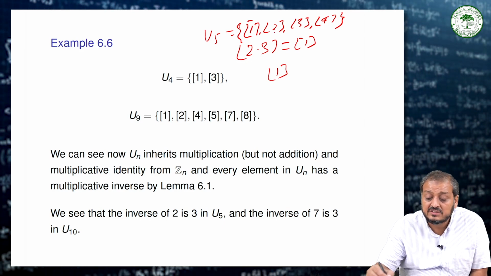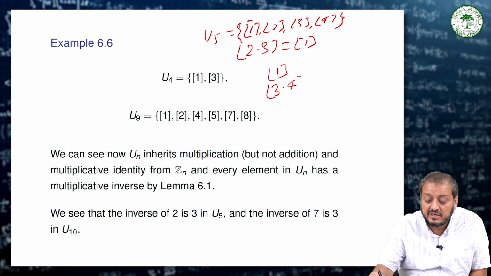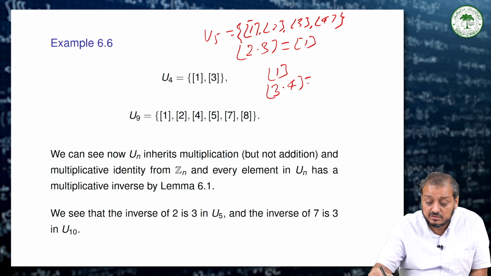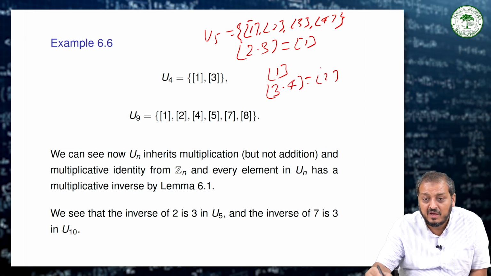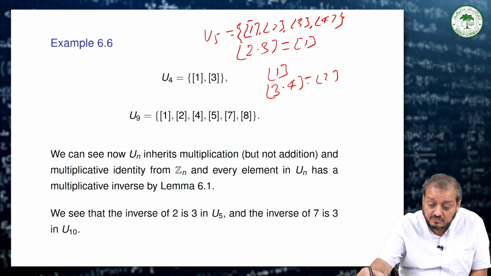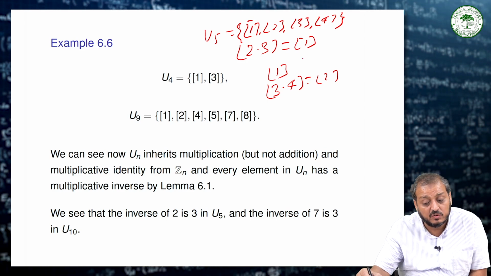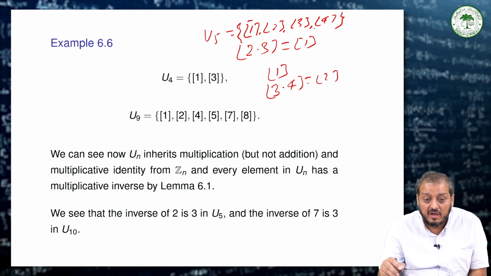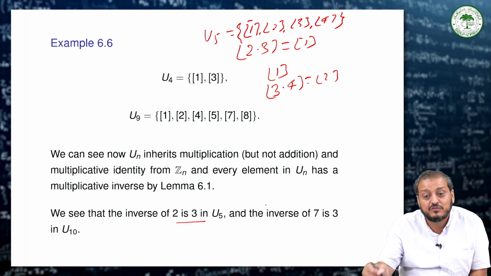Similarly, 3 times 4 gives you 2, so 4 is not the inverse of 3. And 4 times 2 is 8, which is equal to 3, so 4 is also not the inverse of 2. So the inverse of 2 is 3 in U5, and 3 is the inverse of 2.